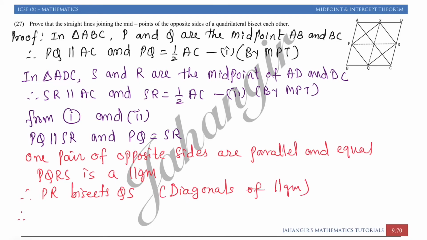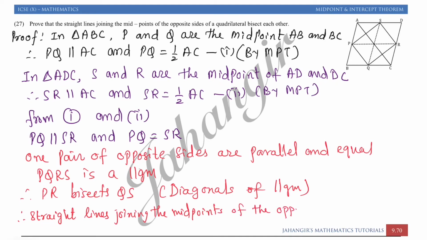So therefore we can say the straight line joining the midpoints of the opposite sides of a quadrilateral bisects each other.